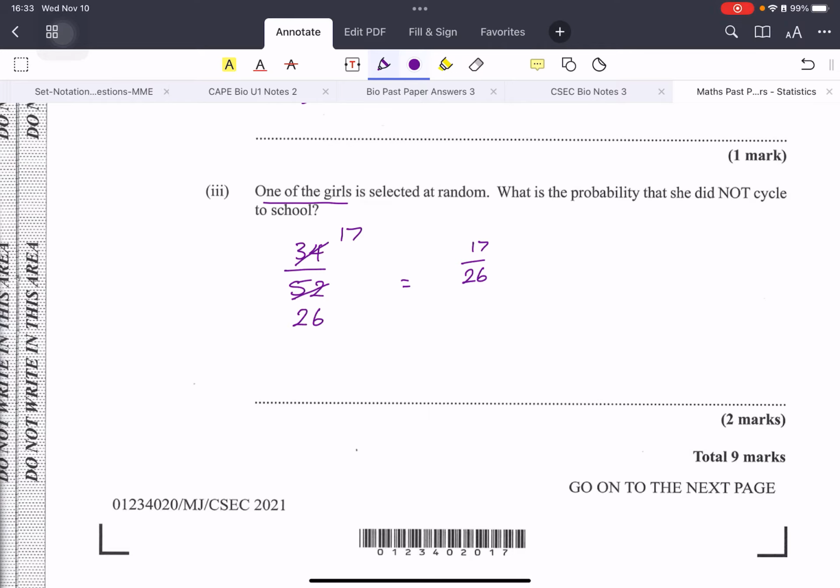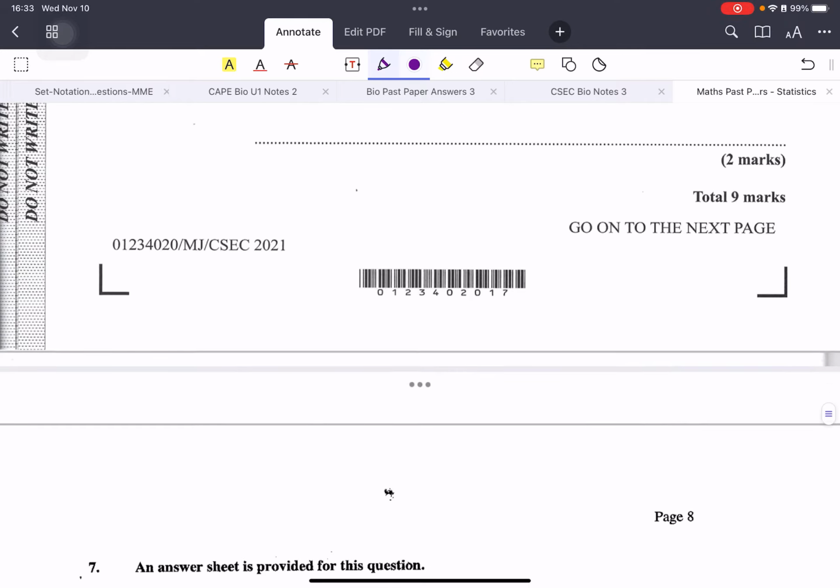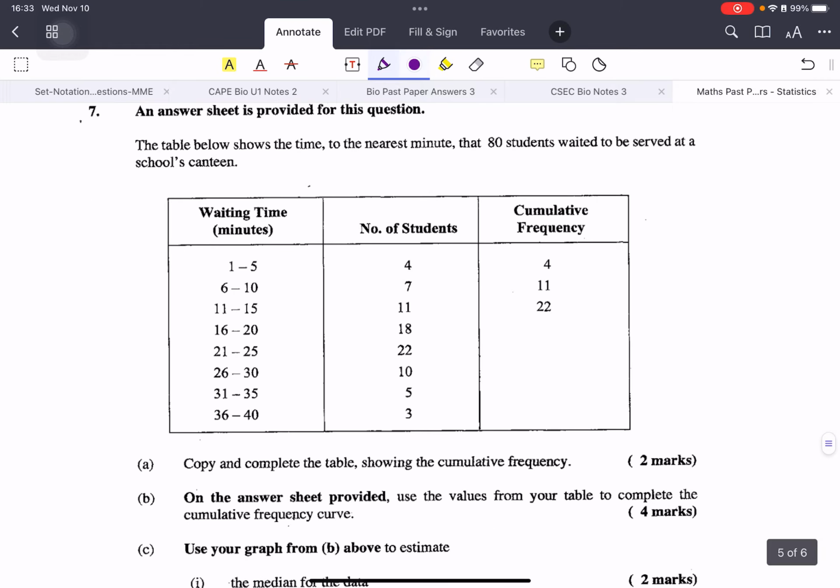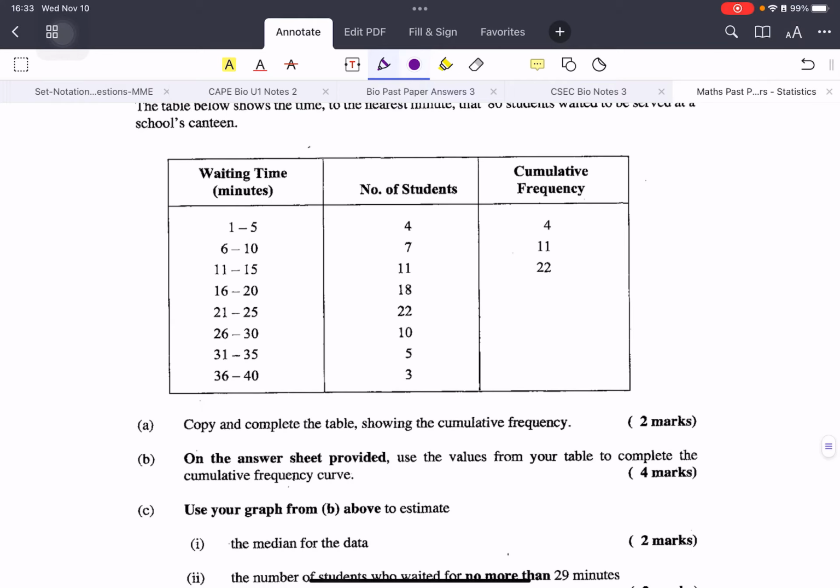Okay. So just one more question now, and this would involve drawing out a graph, okay? So the table below shows the time that 80 students waited to be served at the canteen, okay? So here we have the classes on the left, 1 to 5, 6 to 10, etc. We have the number of students, and then we have the cumulative frequency.